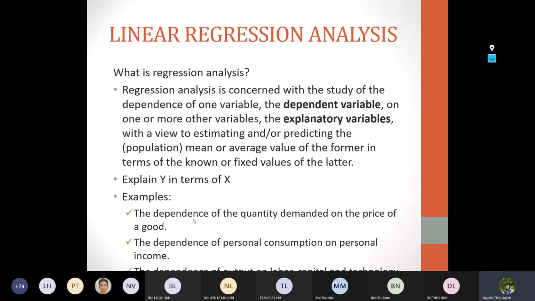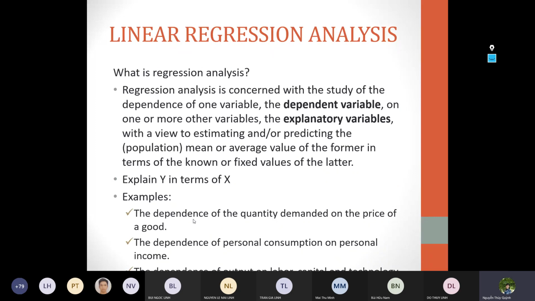We can say that we want to know how the price level of a good affects the quantity demanded of that good. We want to know how personal income affects personal consumption. In another example, we want to know how capital, labor, and technology affect the output of enterprises. So that is linear regression analysis here.